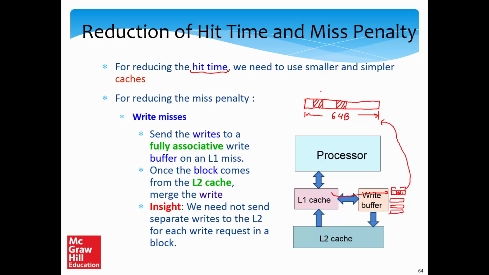Once it comes, we know that this chunk and this chunk have already been written to, but the rest of the contents of the block can be filled with whatever comes from the L2 cache, which is essentially this entire dotted region. So the advantage here is that we don't have to wait, and we can do our writes and then proceed with the next instructions. In a certain sense, it reduces the miss penalty of the L1 cache, especially when it comes to writes.